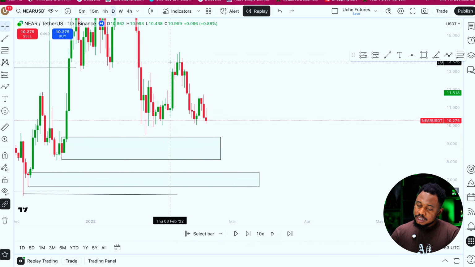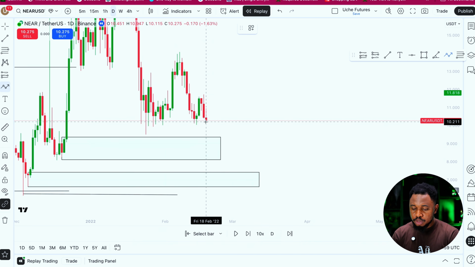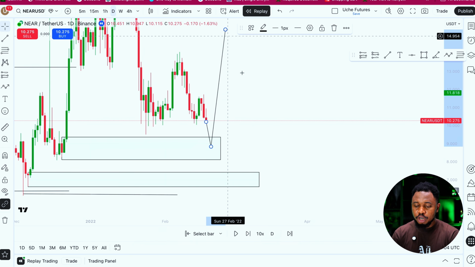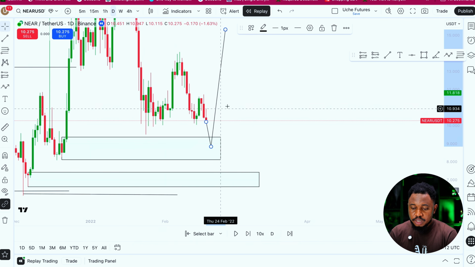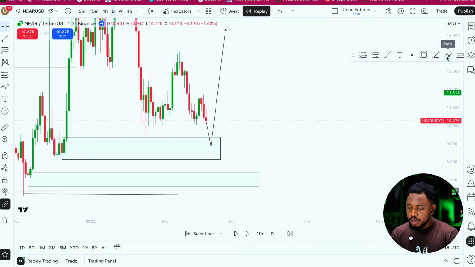Now you might be asking me, there should be other ways where you can enter a trade here, because I can tell you several times where we have something like this, it comes to this area and pulls up to the upside instantly. So what are you going to do in this kind of scenario? Since the market is going down, we want to take a position from the down to the upside.